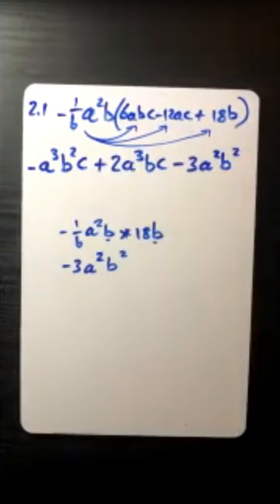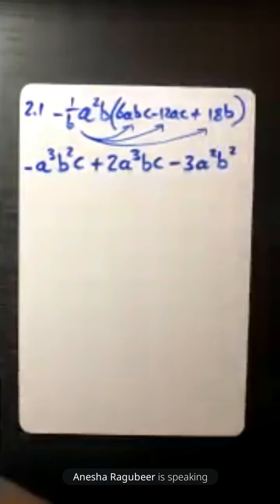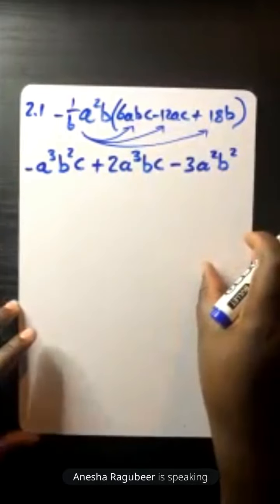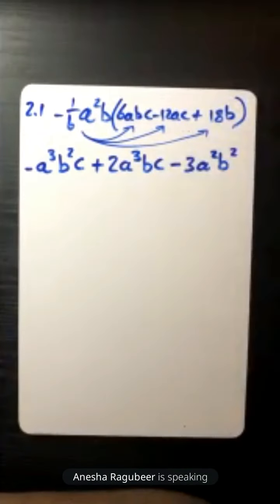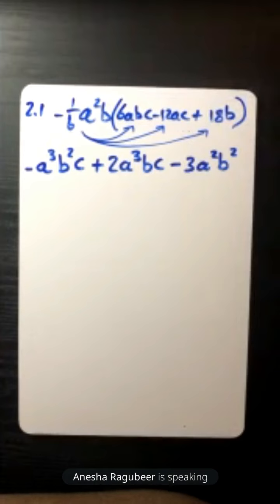So Shreyas, let's now try to check if we've got any like terms. Let me give it to you as a question. How many terms have we got? 3. We've got 3 terms now.